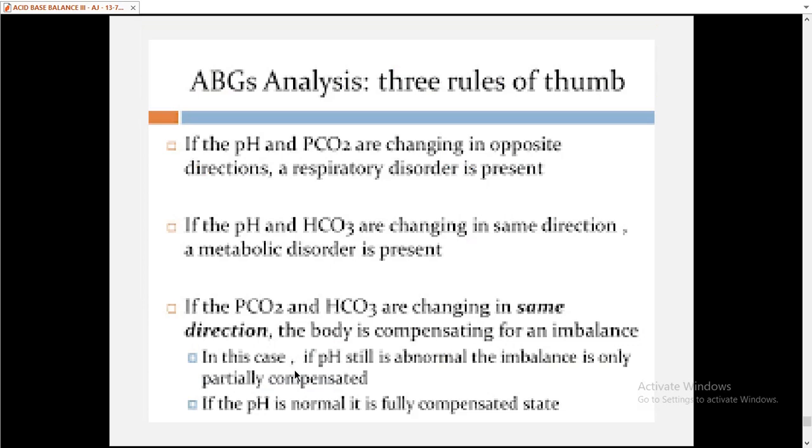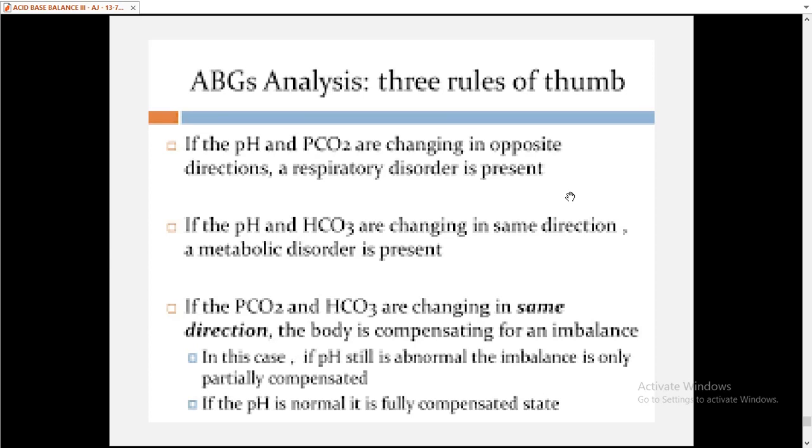So there are three rules of thumb in analyzing the ABGs. If pH and PCO2 are changing in opposite direction, then respiratory disorder is present.